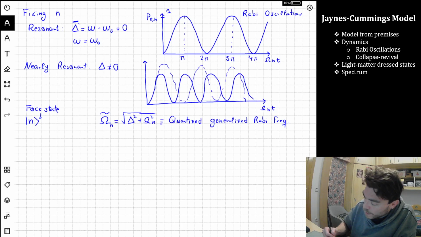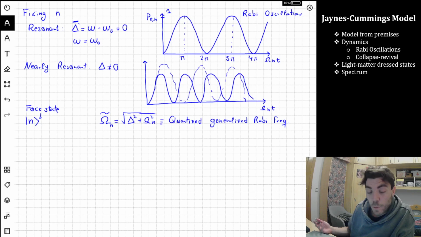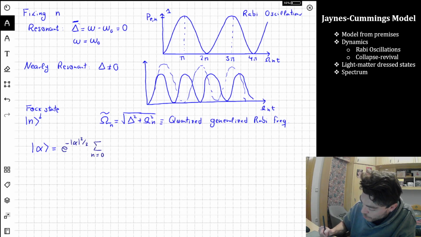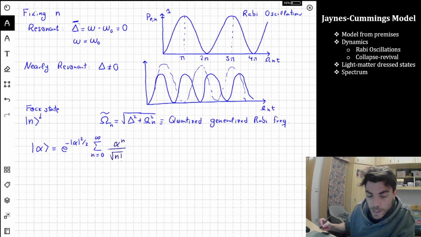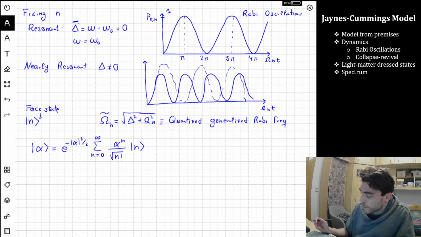What one has typically experimentally are coherent states, which are the states that come from a laser. So one has typically a coherent state that is defined in this way. A coherent state, in the Fock state basis, is the state that I'm writing here. I'm going to assume that you are also familiar with the concept of coherent states. They are very well studied in quantum optics, and they are quasi-classical states, the quantum mechanical version of states that are closest to the classical state.